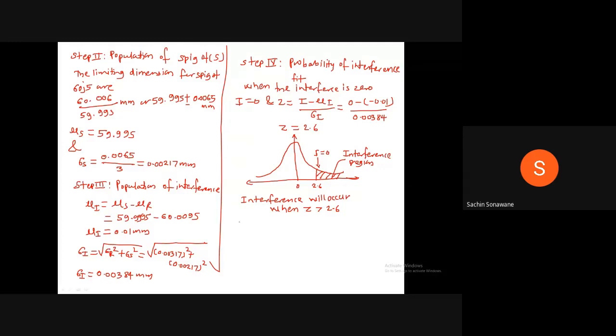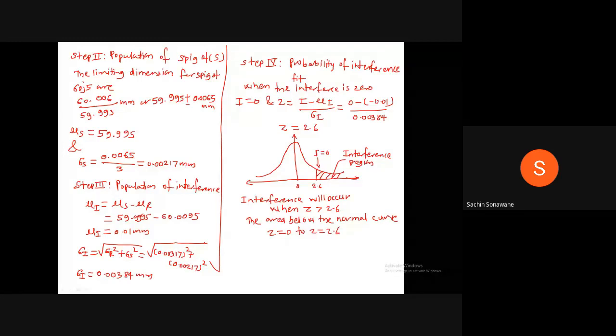Therefore, from the table, the area below the normal curve from Z is equal to 0 to Z is equal to 2.6 is 0.4953.